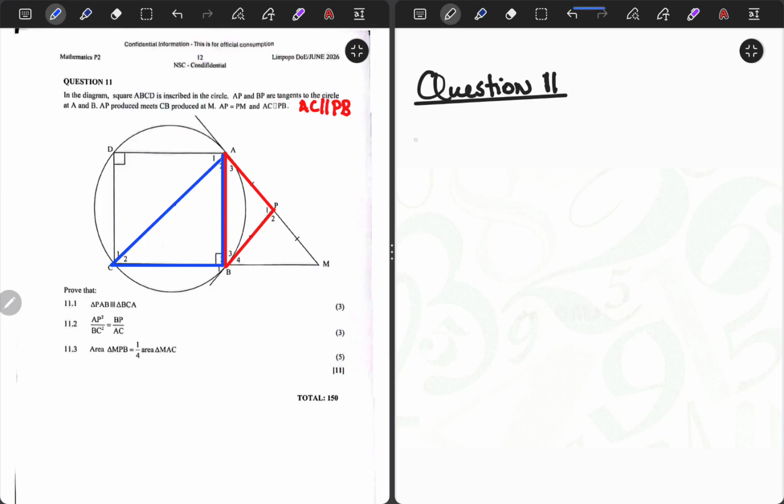We're going to say, okay, number 1. We start with A3 equals C2, tan chord.